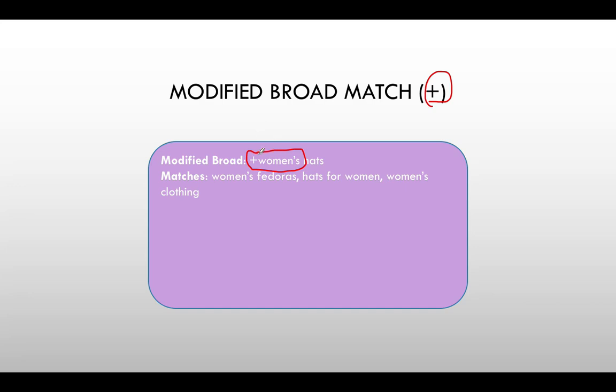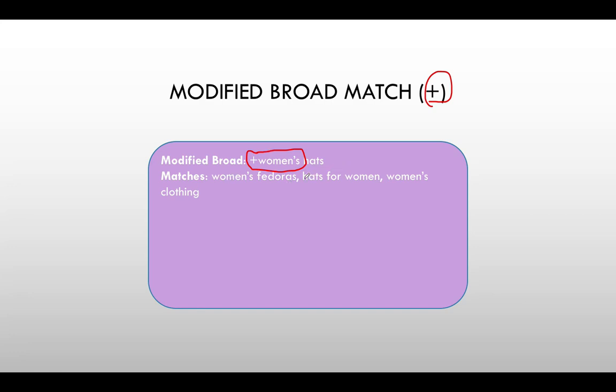So for example, if your keyword is plus women's hats, that means you have made the word women's compulsory. The user's search query should have women's. Then only your ad will get shown or triggered. So if the user Googles women's fedoras, so women's and women's match, your ad will get triggered.